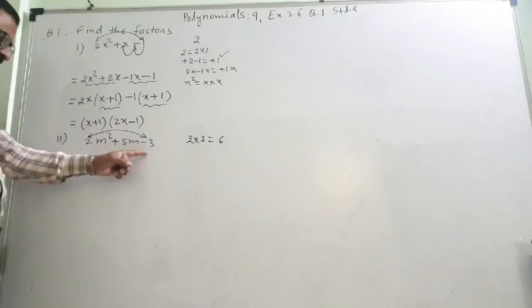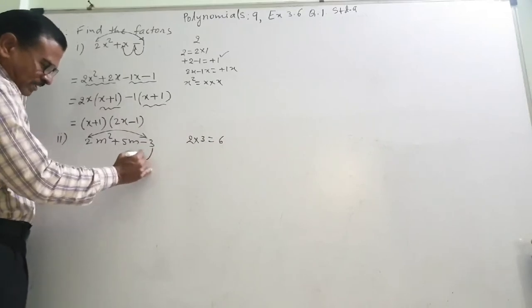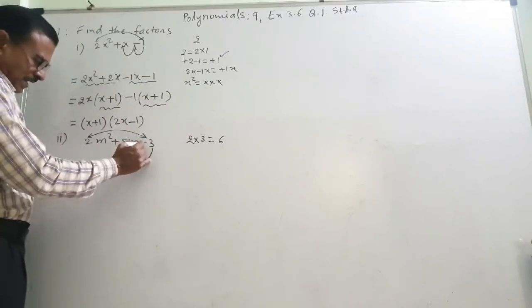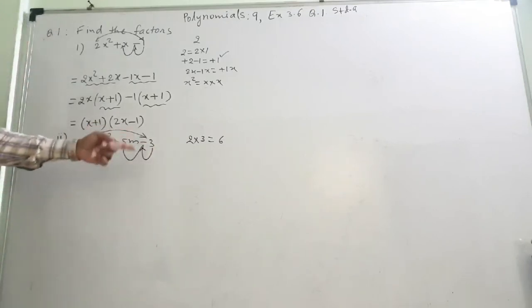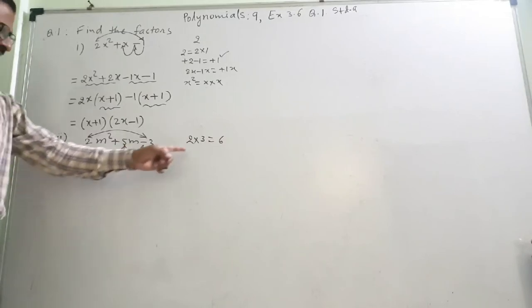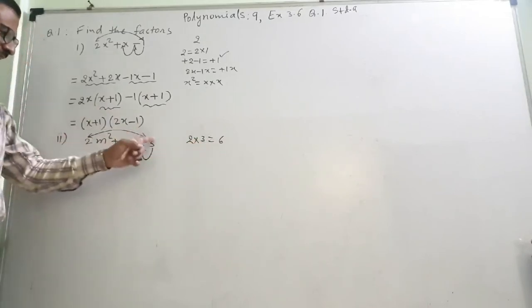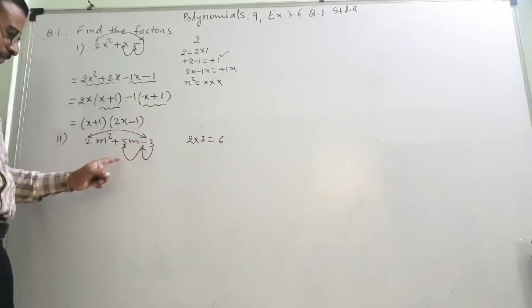Now instead of 3 I will say 6. Find the factors of 6 such that their subtraction is plus 5. I have to do the subtraction. Only don't say 3. Say 6. Find the factors of 6 such that their subtraction is plus 5.